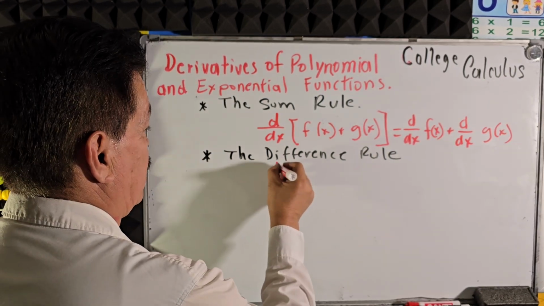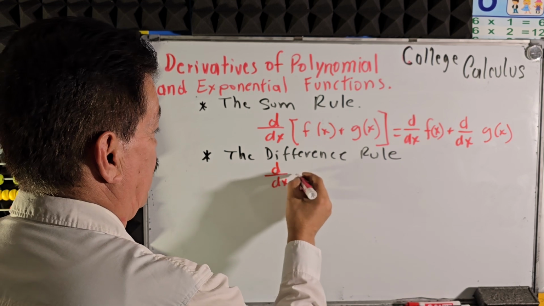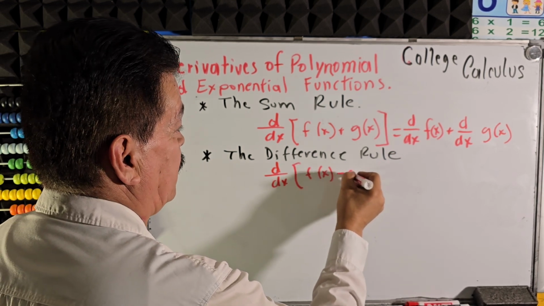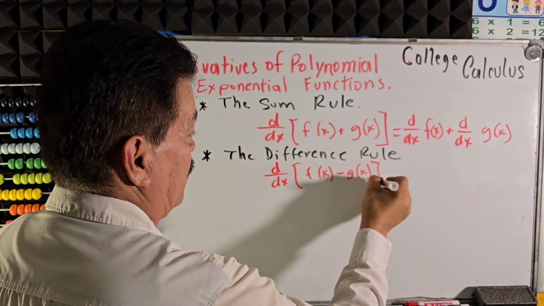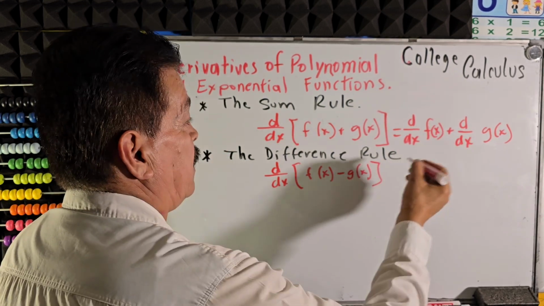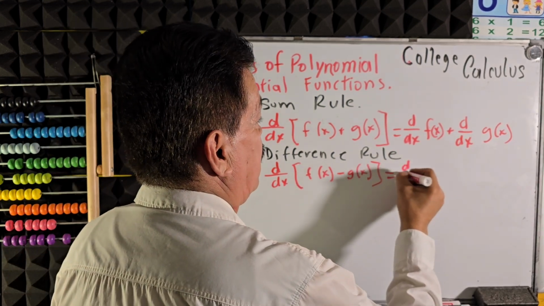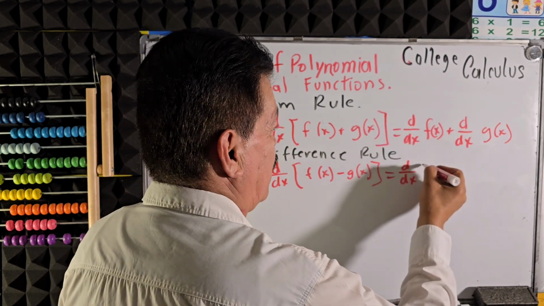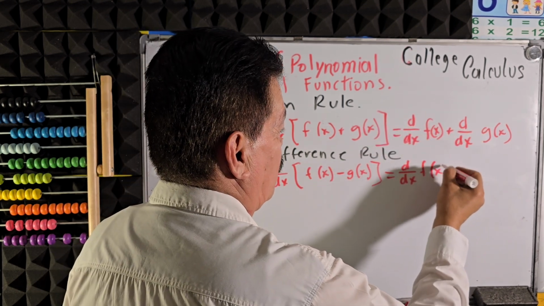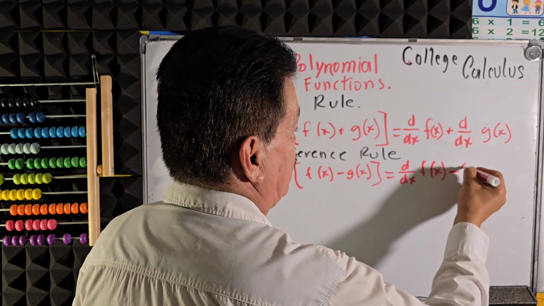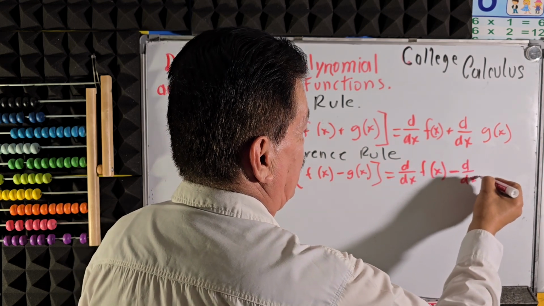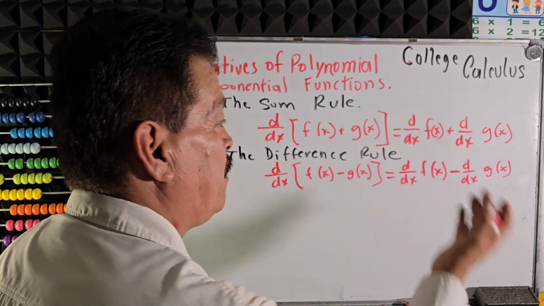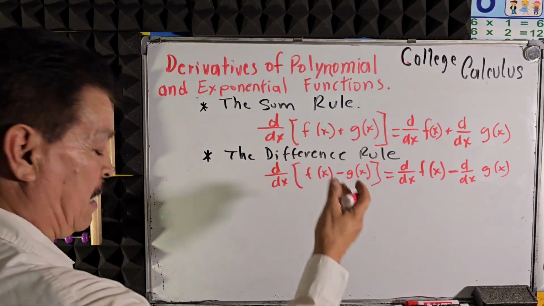Just right here, d divided by dx of f of x minus g of x, right? It is the same thing. Equals d divided by dx of f of x minus d divided by dx of g of x. See, it's very simple. Just simplify the formula. This is like the formula.